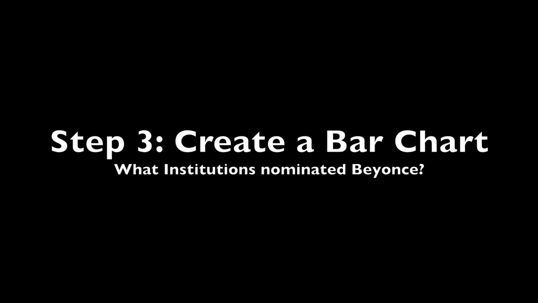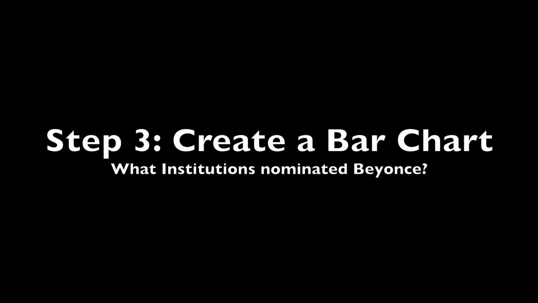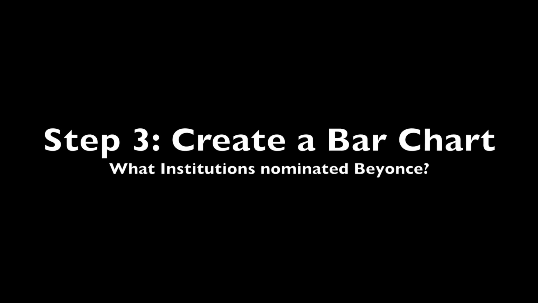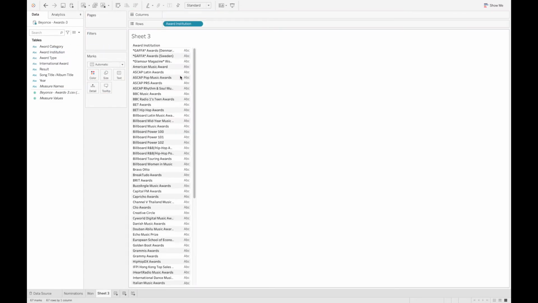Step 3. Create a bar chart. What award institutions nominated Beyonce for awards? And first, I dragged Award Institution from the Dimensions menu and dropped it into the middle of the screen. Then, I dragged Beyonce Awards Count from the Measure menu and placed it next to the Award Institution.